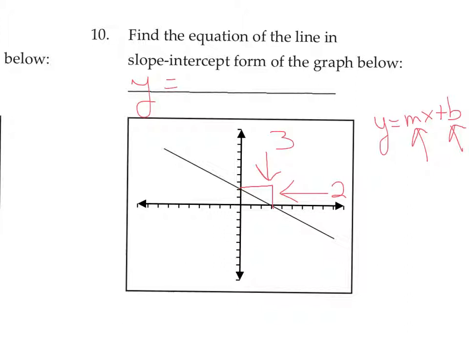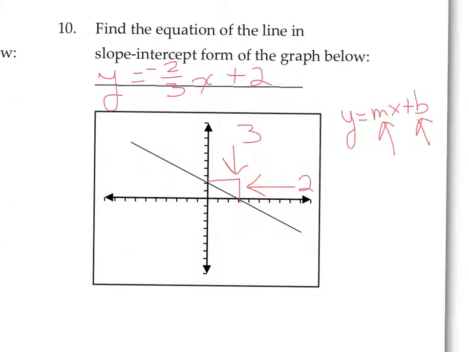And this is a negative slope because it's going downhill. So we're going to have a negative rise over run. So negative 2 over 3x, and the y-intercept is positive 2. Okay, so I think we got both of those.